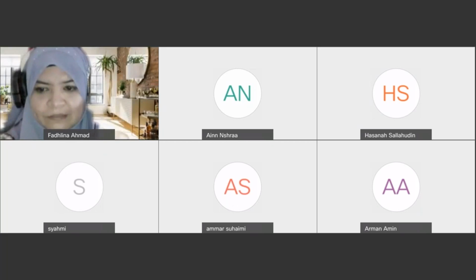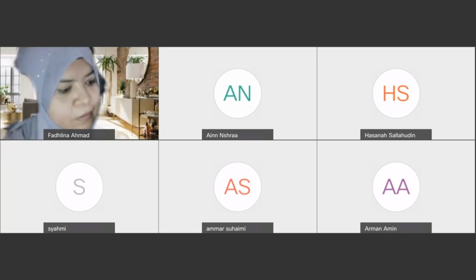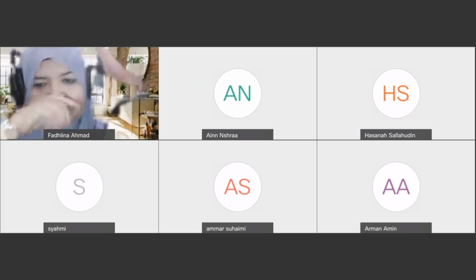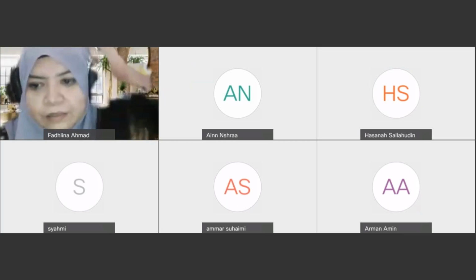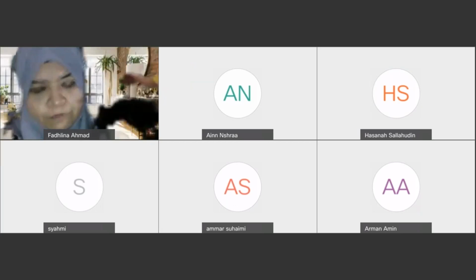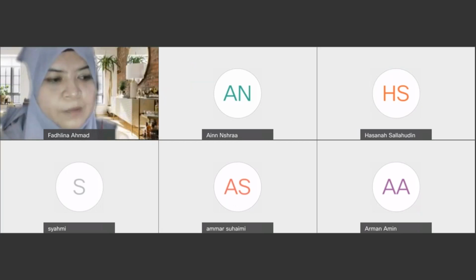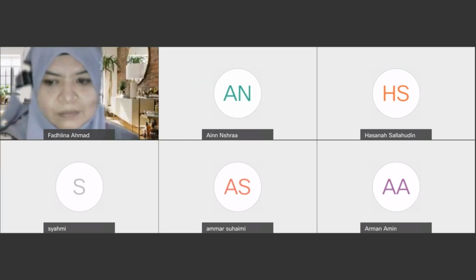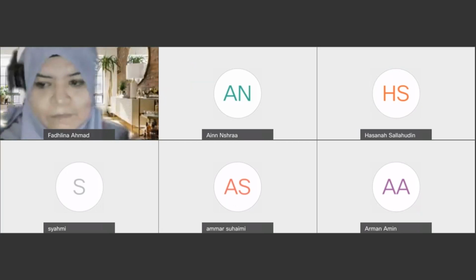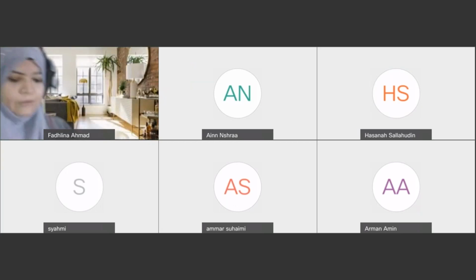Whatever has been commented just now, you just add on to your work, and then I'll follow up on whatever you are going to do after this. If you have any question, you can just PM. For the upcoming Thursday, I am expecting you to provide me a floor plan together with the site plan, sorry, floor plan with the context.